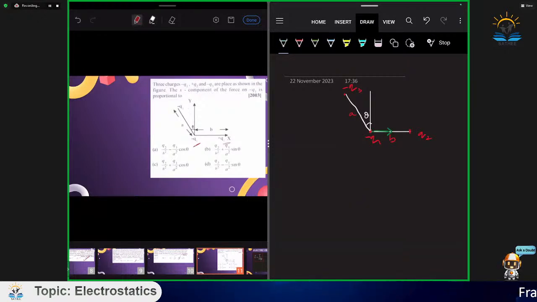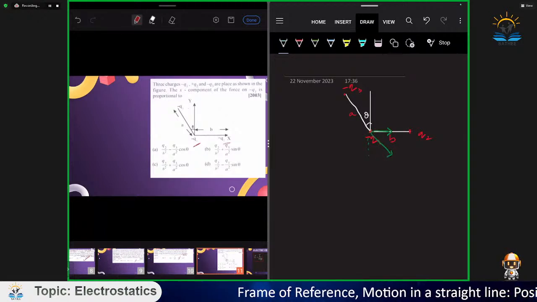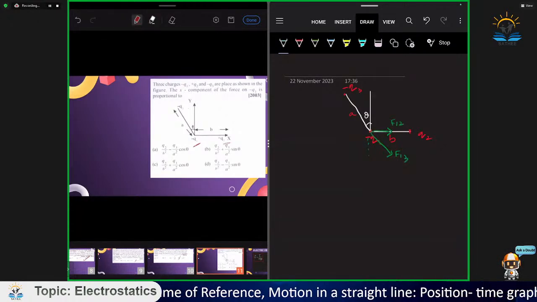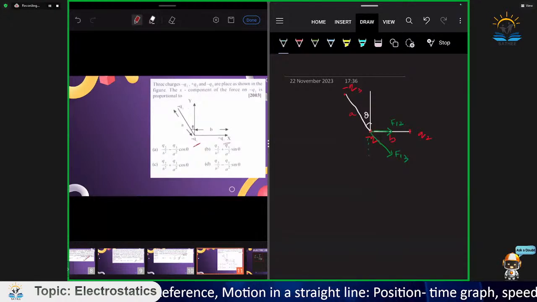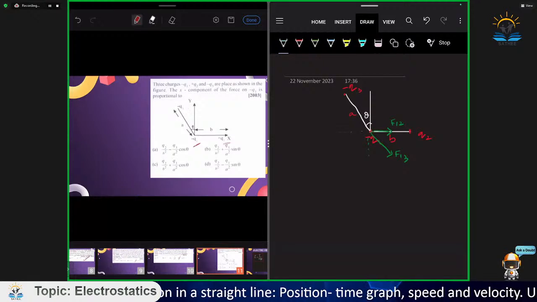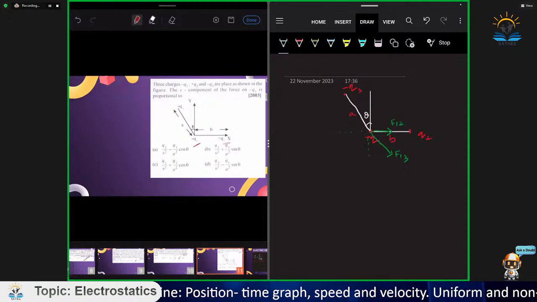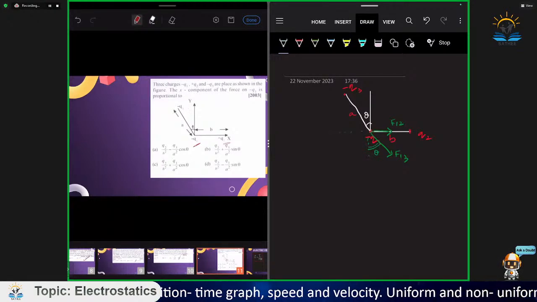And because of this minus Q3, repulsive force will be there along this direction. If suppose this is F12, this will be F13, force on 1 due to 2, force on 1 due to 3. And it's given that this angle is theta, that angle is theta, so this angle also will be theta.